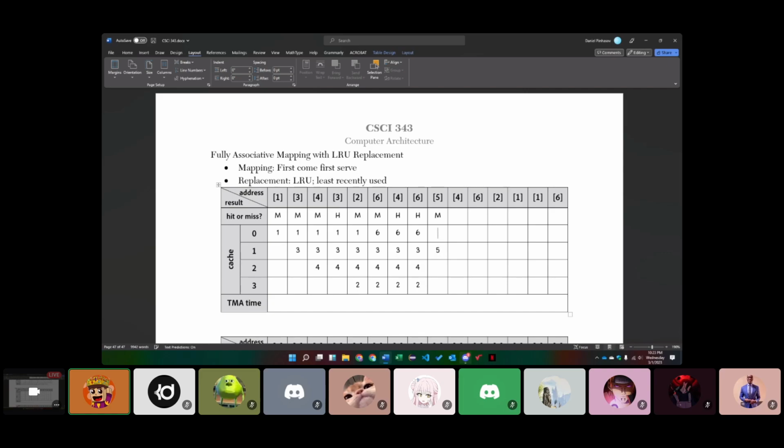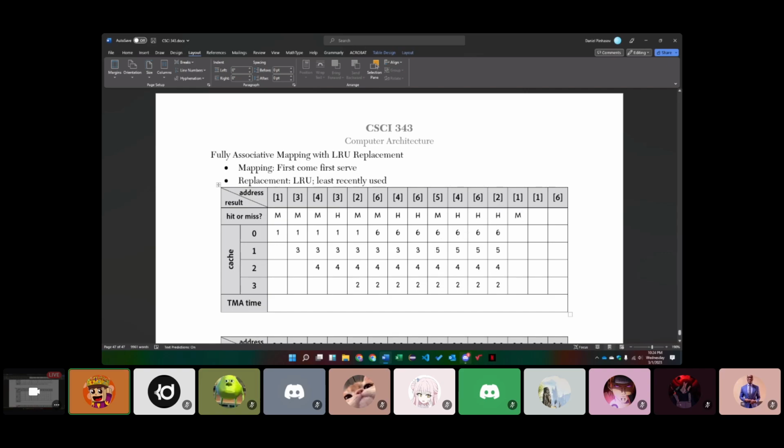5 replaces 3. 6, 4. 4 is a hit. 6 is a hit. I guess this string wasn't very good. 6, 5, 2. Okay, 1's a miss.